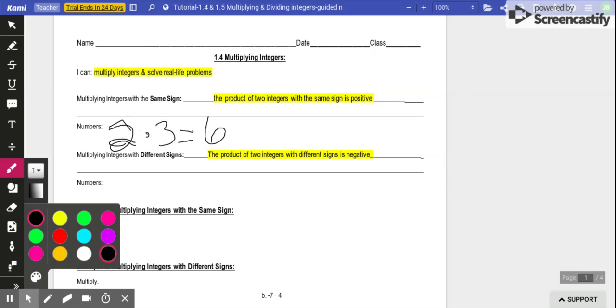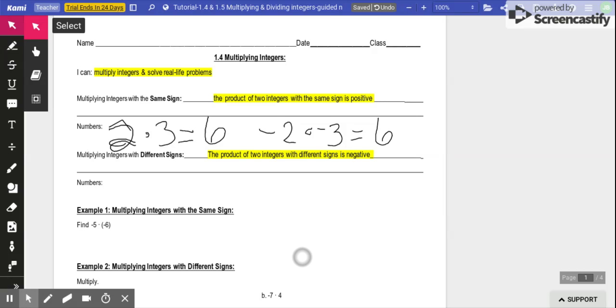Or if I have negative 2 times negative 3, that will also equal a positive 6. So with integers with the same sign, two positives or two negatives being multiplied together, we are going to get a positive answer.